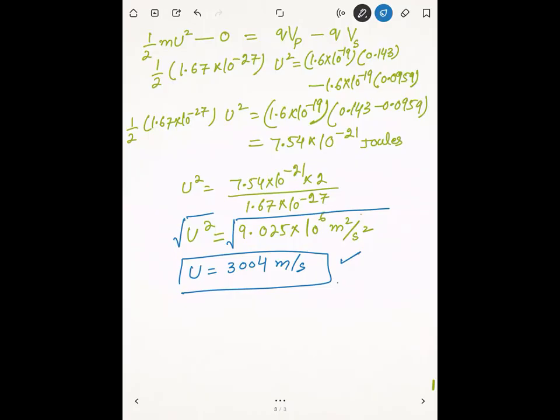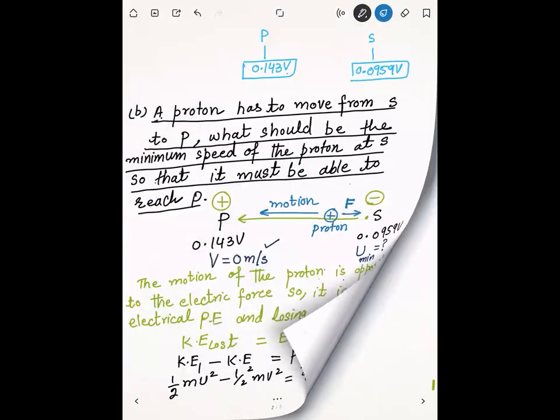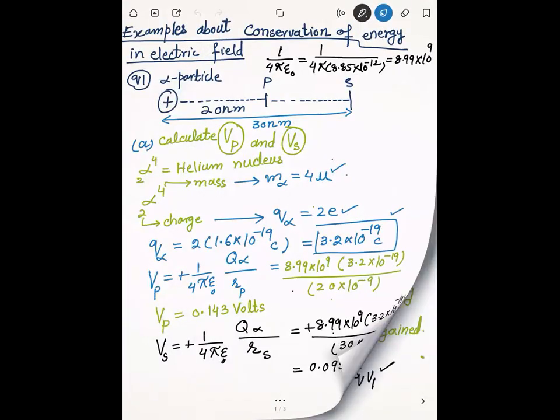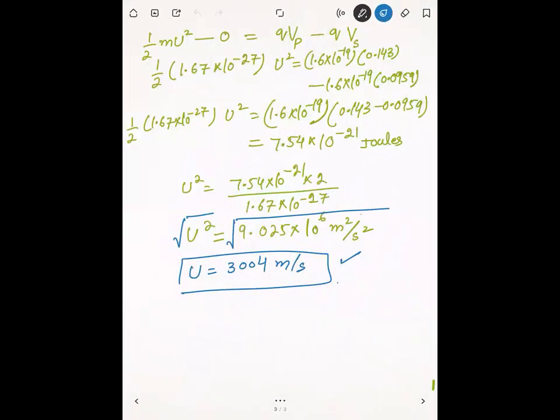Now, last part of the question. This was part B. Part A, we are done with part A, we are done with part B. Now, C part is the last part. Why cannot you solve part B using conservation of energy?